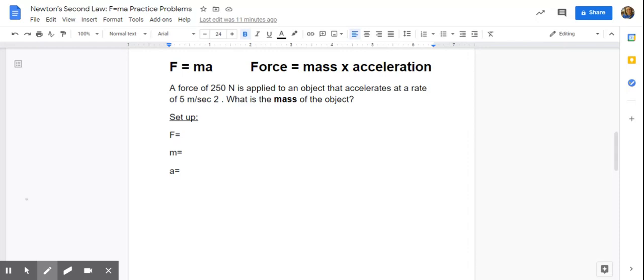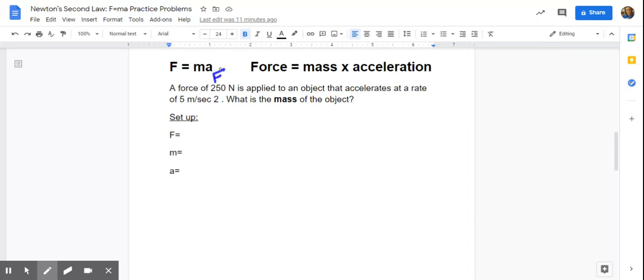Okay, so what I'm going to do here is first identify my force, my mass, my acceleration. That way I can plug it into my formula. Force is right here.